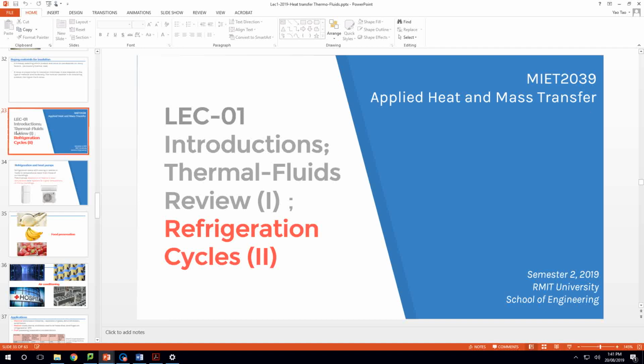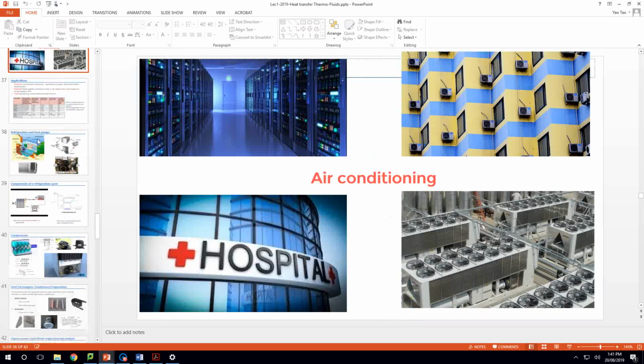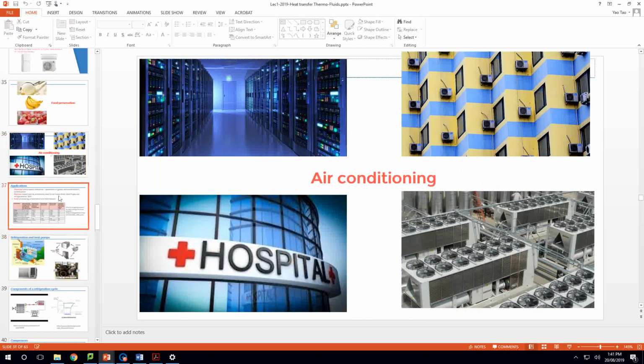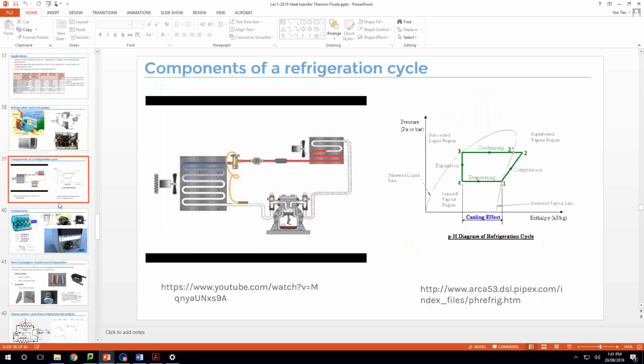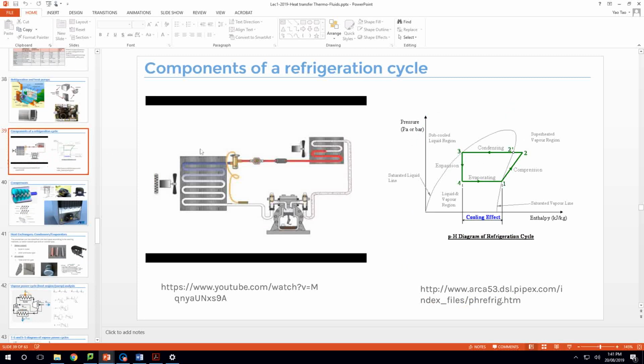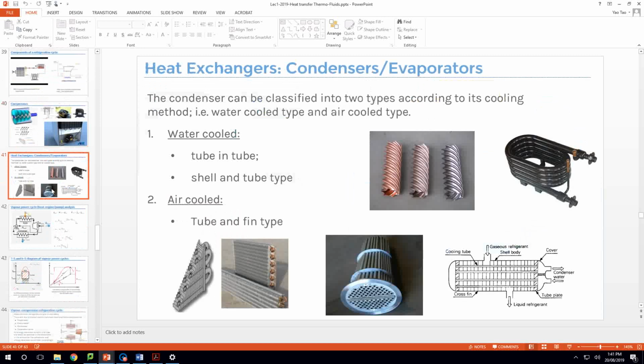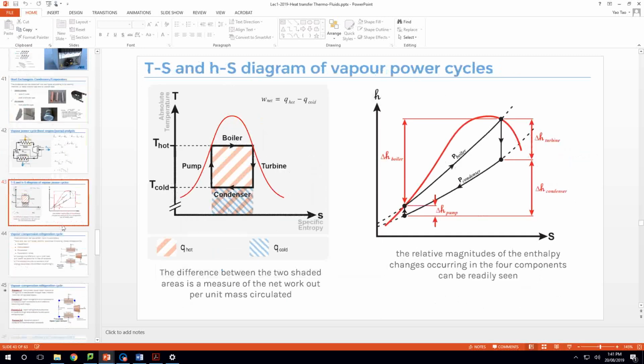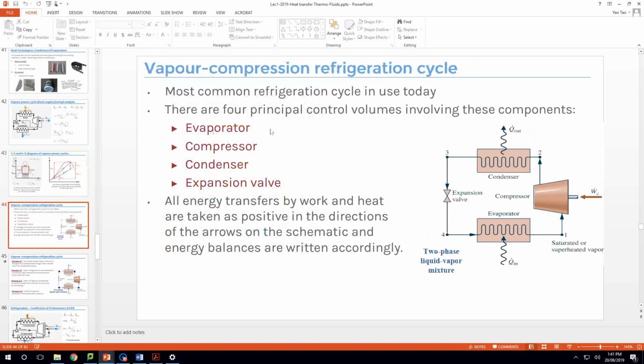It's applied heat and mass transfer. So we should really go through all those slides about refrigeration. You remember we spent lots of time explaining the four components. So you should be able to tell what the four components are and how to calculate the heat transfer at each section.